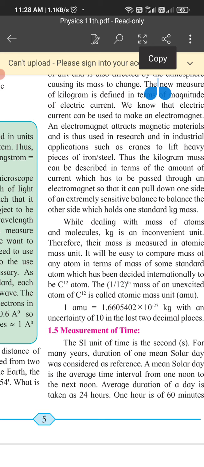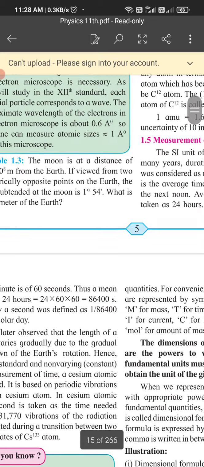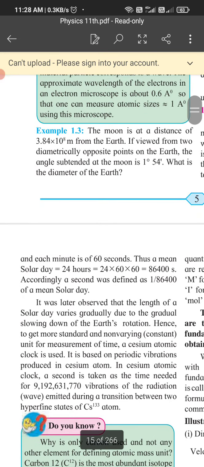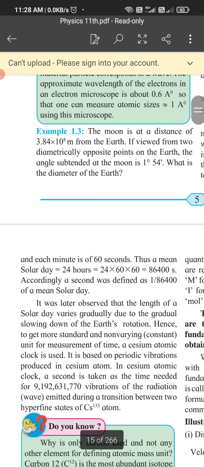One day has 24 hours, 1 hour has 60 minutes and 1 minute has 60 seconds. So the mean solar day of 24 hours is equal to 24 into 60 into 60, which is 86400 seconds. Accordingly, the second was defined as 1 upon 86400 of a mean solar day.